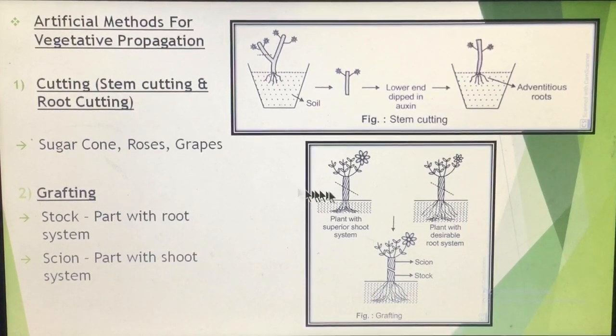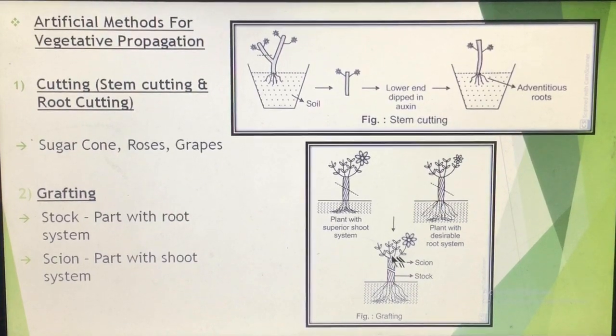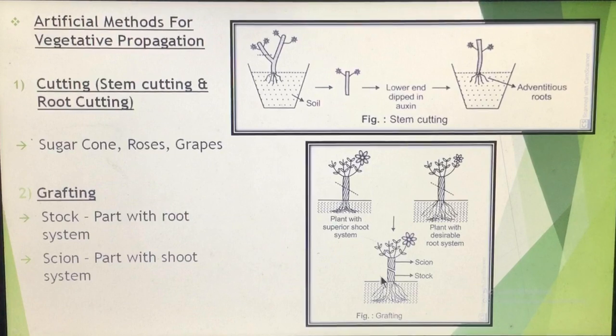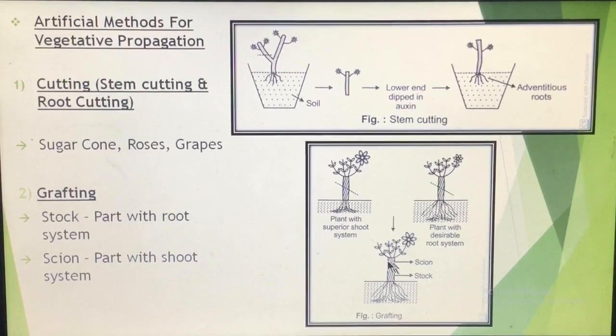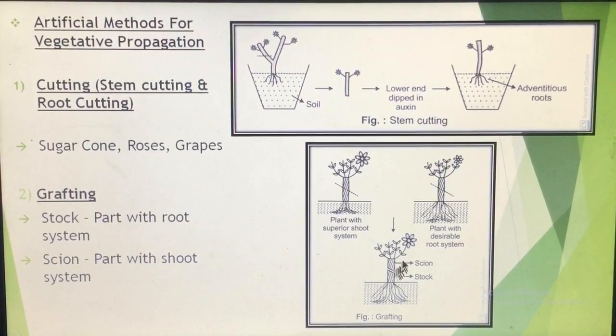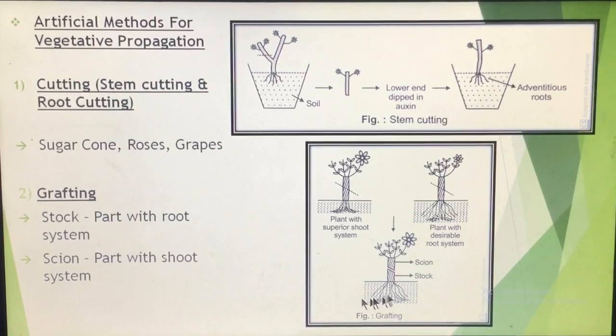The shoot part of the plant is known as the scion, and this scion is grafted on the lower part which is known as the stock. So the stock is part of the root system and the scion is part of the shoot system. They are tied and after some time it becomes one plant.